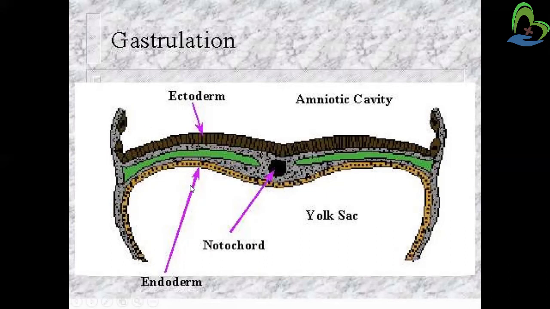This is the endoderm, the inner layer, the outer layer is the ectoderm, and the middle layer is the mesoderm. In the center of these cells is the notochord, and then the yolk sac and amniotic cavity, which are present in the uterine cavity for fetal growth and development. So this takes place during the gastrulation events.